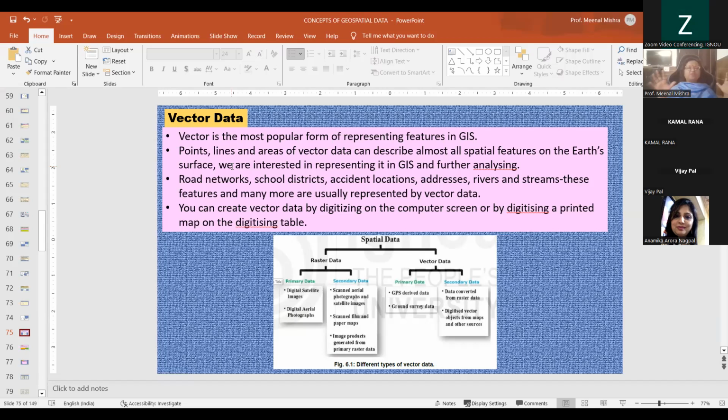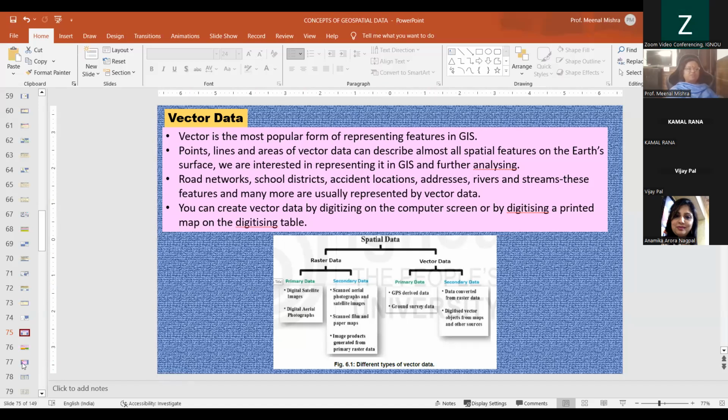But when you have a bigger scale, suppose you are working on a map of Delhi, IGNOU will be represented in the form of a polygon. When you are looking at the map of India, IGNOU will be represented as a point. I hope you understand that. Point, line, polygon: it depends on the scale of the map. So this we have already discussed.